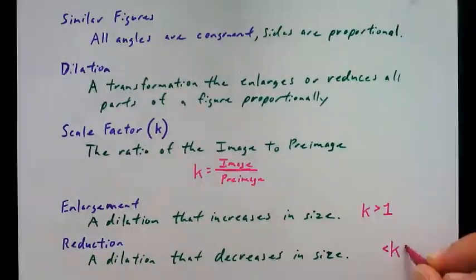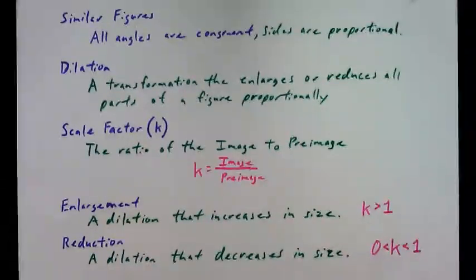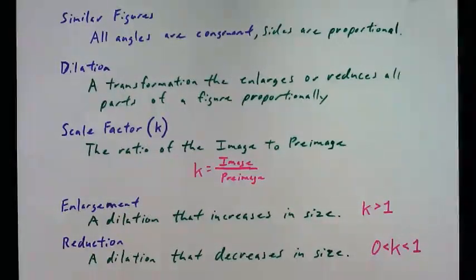So it can't be a negative number, and it can't be 0. It has to be between 0 and 1. If you multiply by 0, you wouldn't have a number, so that wouldn't work. You also can't have a negative scale factor. Could they say negative k? Yes, but the negative would be talking about direction in that case, not the change in size.